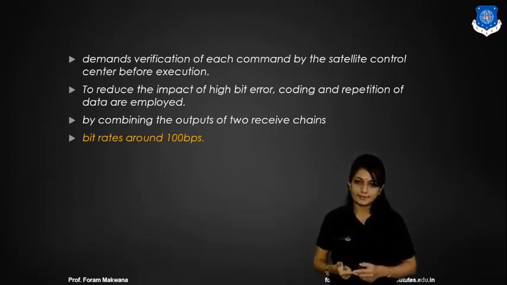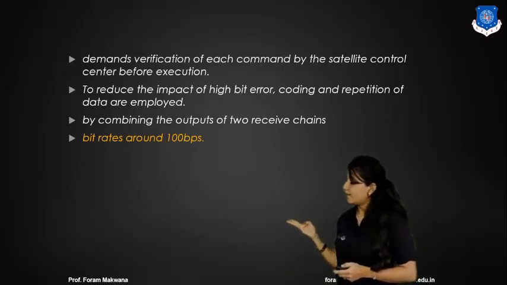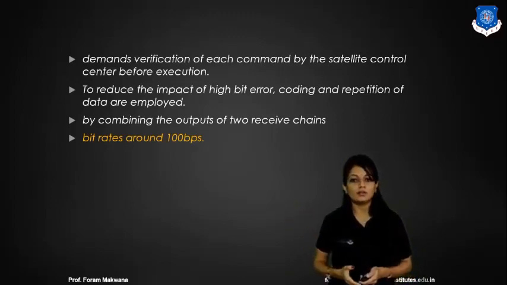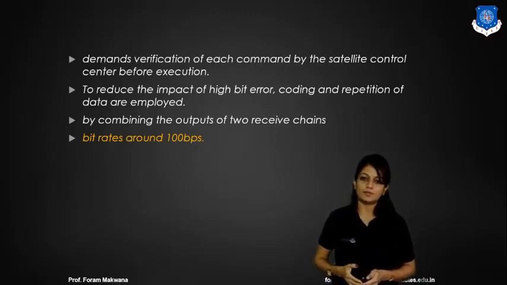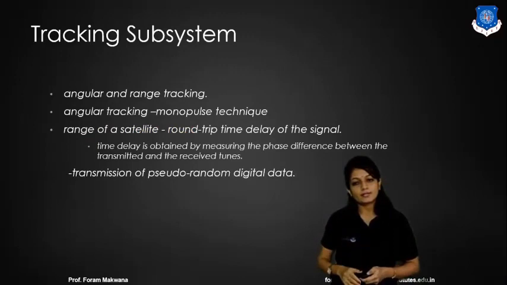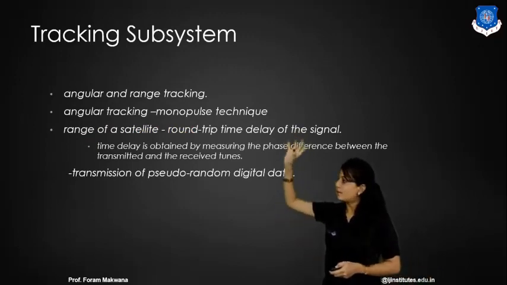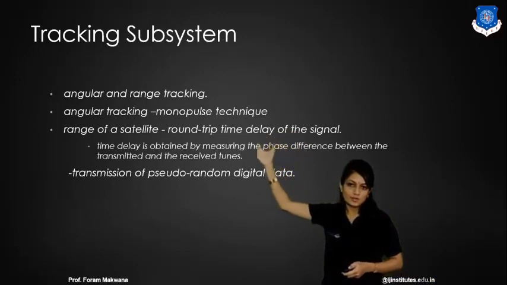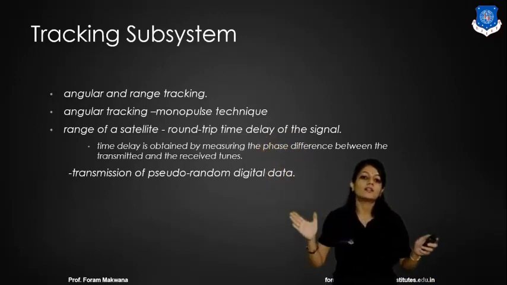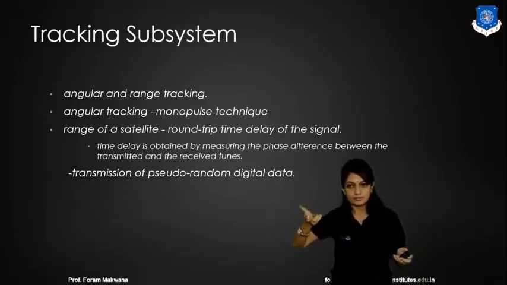By combining the output of two receive chains, we can get bit rates of around 100 bits per second. Alright? Now the next is the tracking subsystem. It provides the angular and the range tracking. That means how far the satellite is, and what its angular position is.